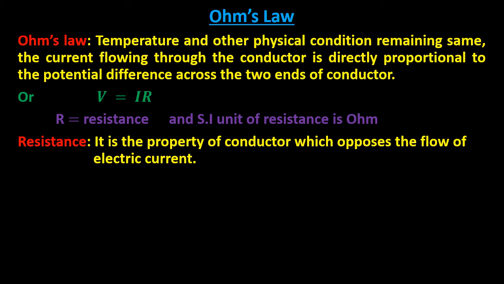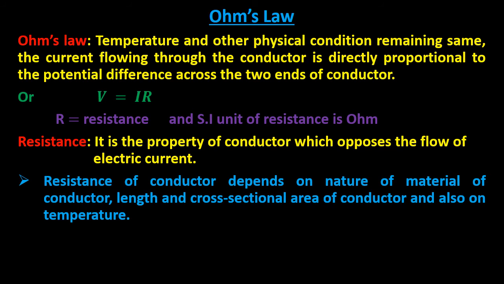Now we define resistance. Resistance is the property of a conductor which opposes the flow of electric current. And the resistance of a conductor depends on the nature of the material, length, and cross-sectional area of the conductor. It also depends on the temperature of the conductor.